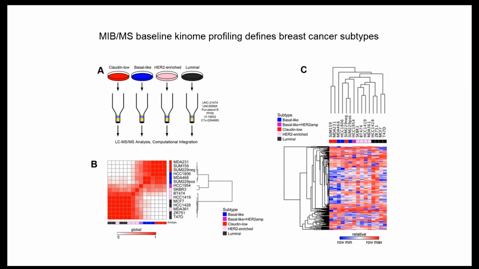And so you can see that just the baseline kinome profile by the multiplex inhibitor bead binding defines very nicely these different subtypes. And then you can use the label-free quantitation intensity of peptides for each kinase and generate a heat map like we see on the right that clearly defines the different subtypes, and it clearly defines a basal-like versus a HER2 luminal, for example, a basal-like HER2 amp versus a HER2 luminal, and the other subtypes of breast cancer.